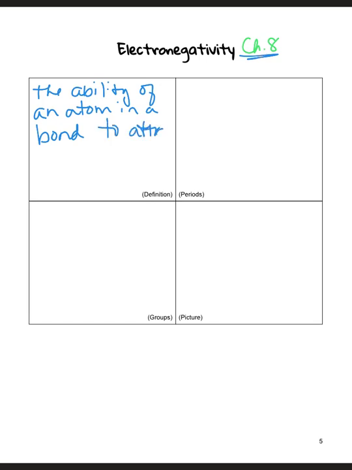The electronegativity definition is the ability of an atom in a bond to attract shared electrons.